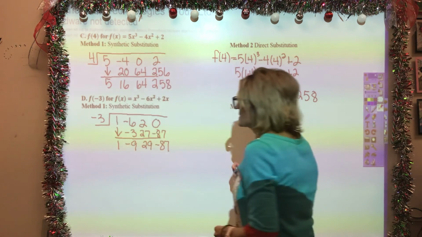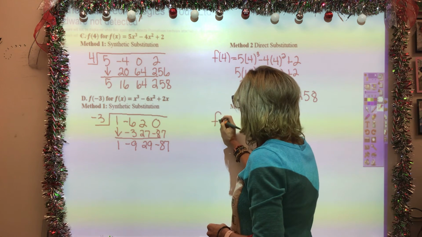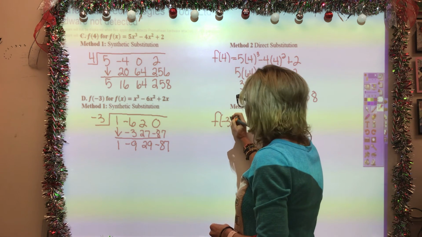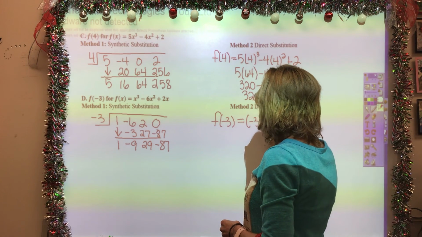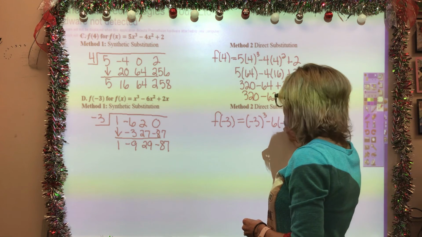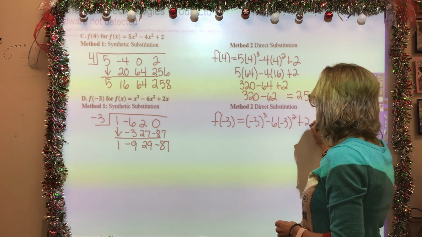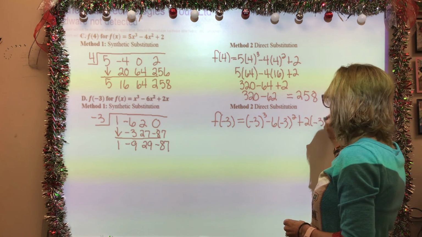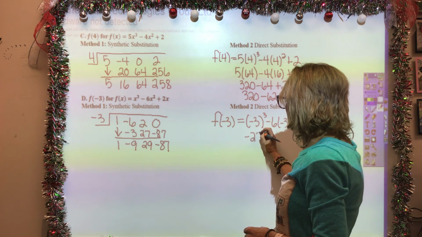All right, last one. This time we'll use direct substitution. So we have f of negative 3 equals negative 3 cubed minus 6 times negative 3 squared plus 2 times negative 3. Negative 3 cubed is negative 27.